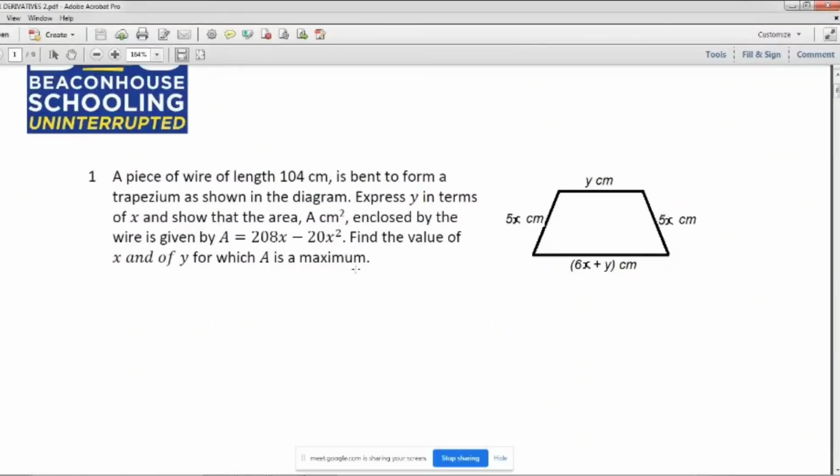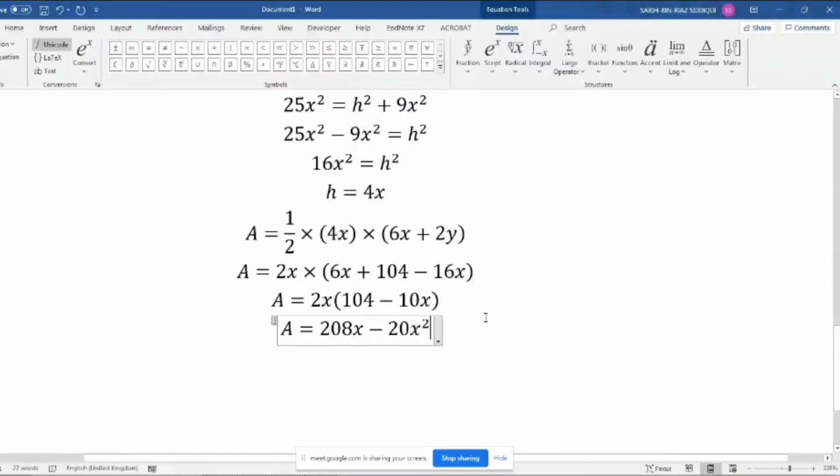Find the value of x and of y for which A is a maximum. Now for A to be maximum, we know that dA by dx will be equal to what? 208 minus 40x. I know that, but what will that be equal to if I were to find the minimum or the maximum point? That would be equal to 0.